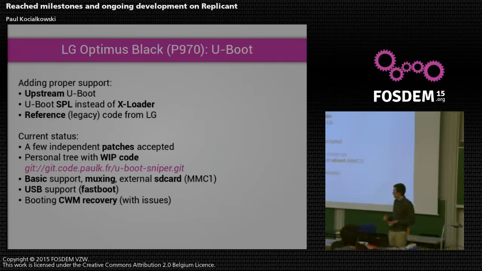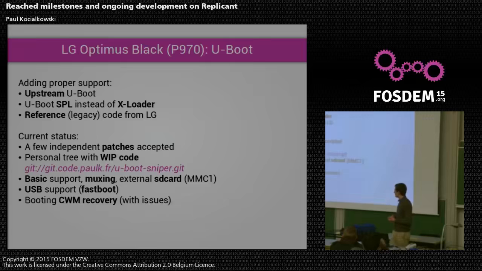And I already got a few patches accepted, some that are generic to the OMAP, because if you want to send patches specific to the board, you first have to commit the board support. And it's not ready yet, so it's going to be one very big series of patches that I will submit when the basic stuff is ready.